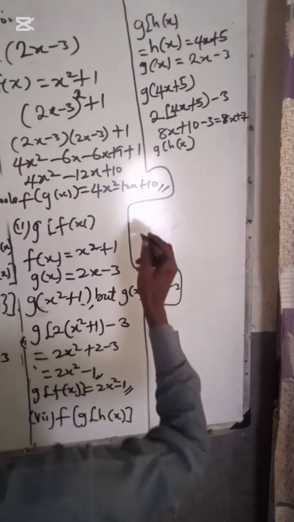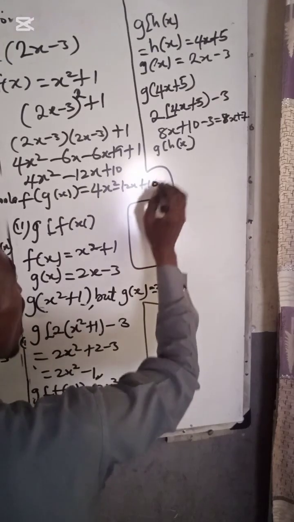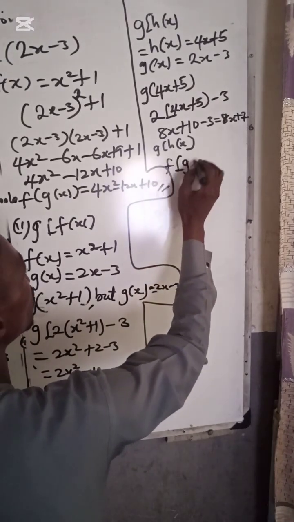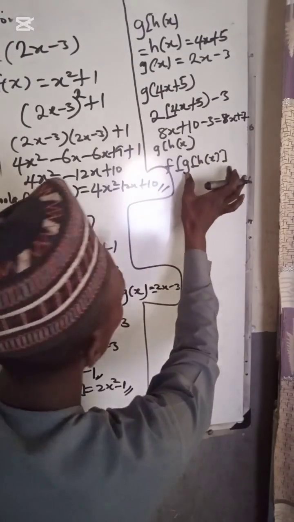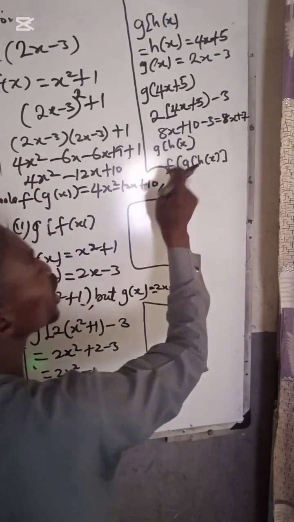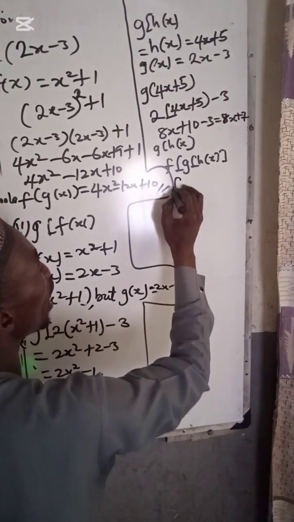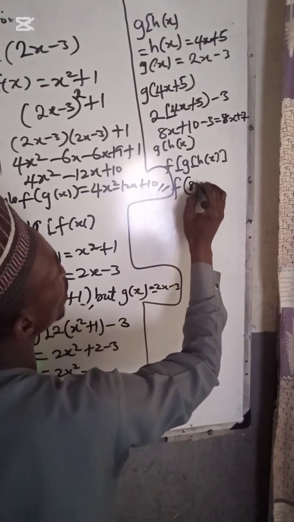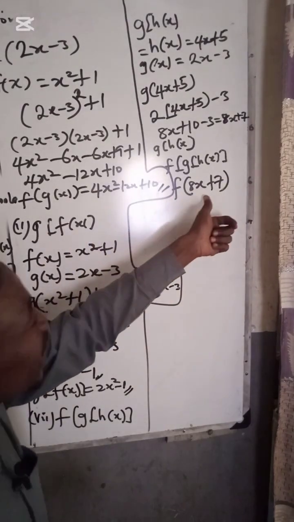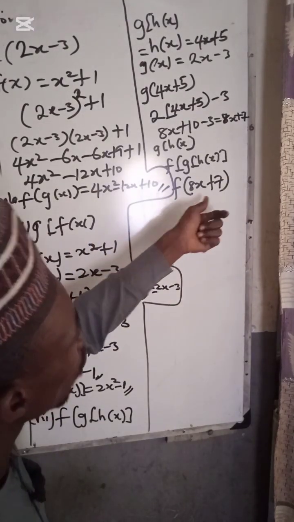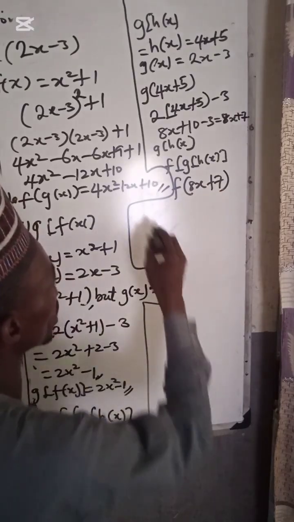Remember the question says we should look for f of g of h of x. We've gotten these two now. We now plug this value into f of x. It means f now should be like this, 8x plus 7. So anywhere we see x in the actual function of f, we replace it with 8x plus 7.